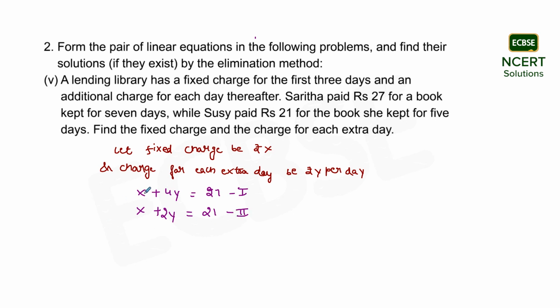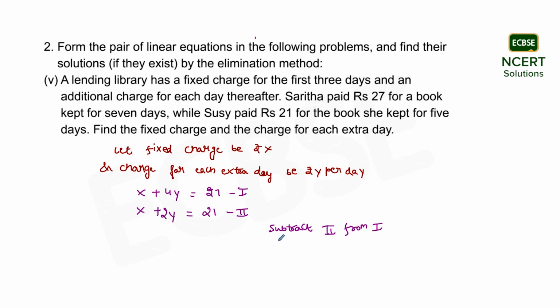As we can see, it is 1 in both cases for the coefficient of x. So what we need to do next is to subtract the second equation from the first, or we can also subtract the first from the second. The choice is up to you.